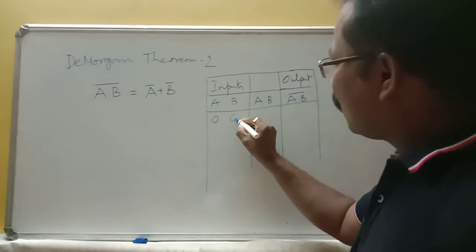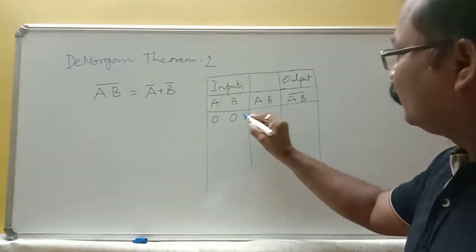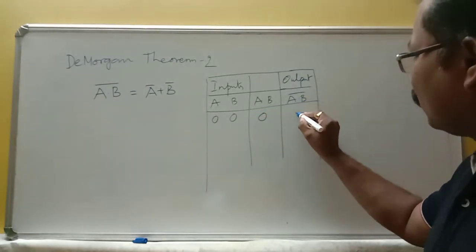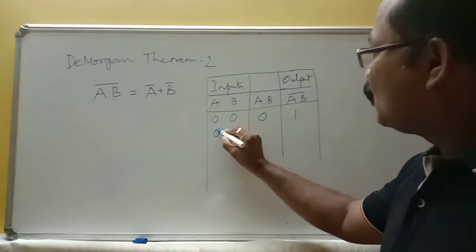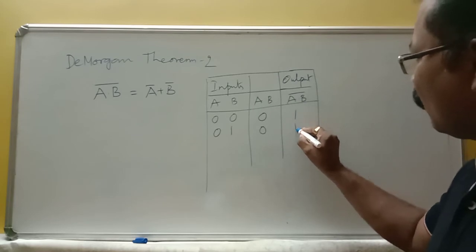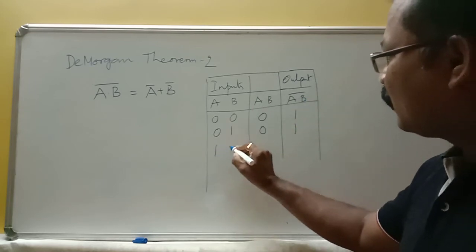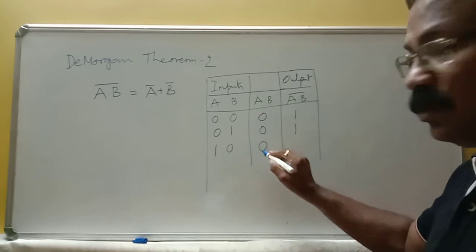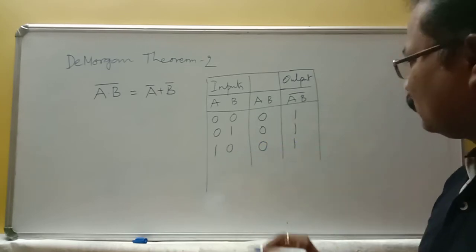Let the inputs be 0 and 0. A and B, 0 into 0 is 0 and its complement, AB bar, is 1. For 0, 1: 0 into 1 is 0, complement 1. For 1, 0: 1 into 0 is 0, and its complement is 1.